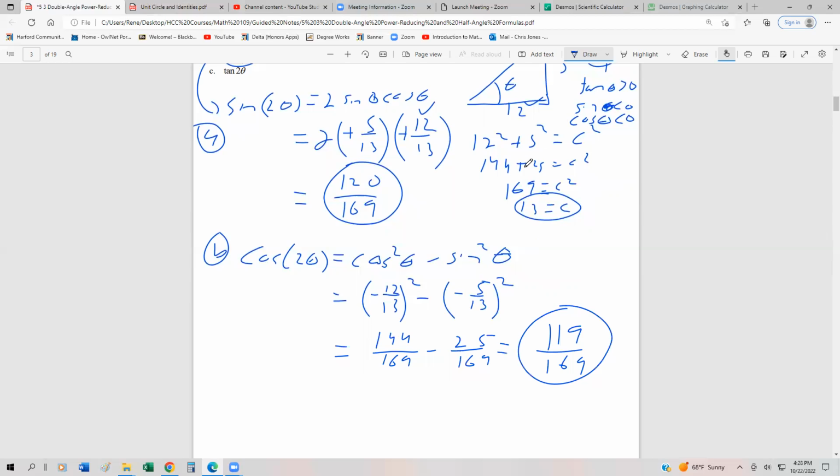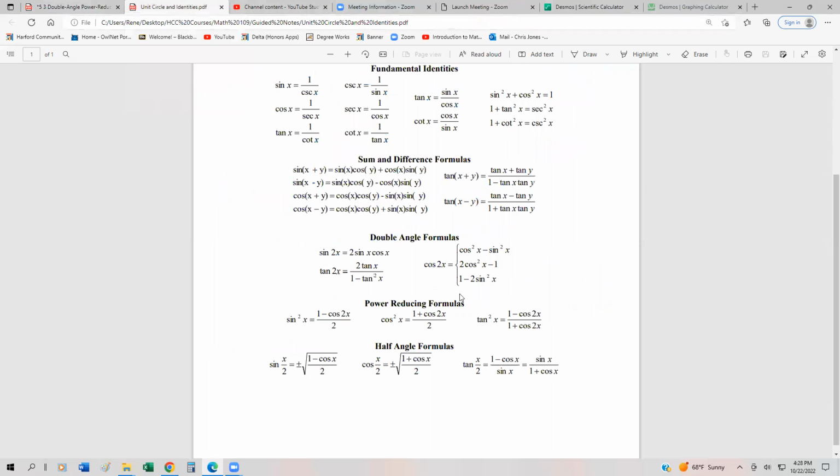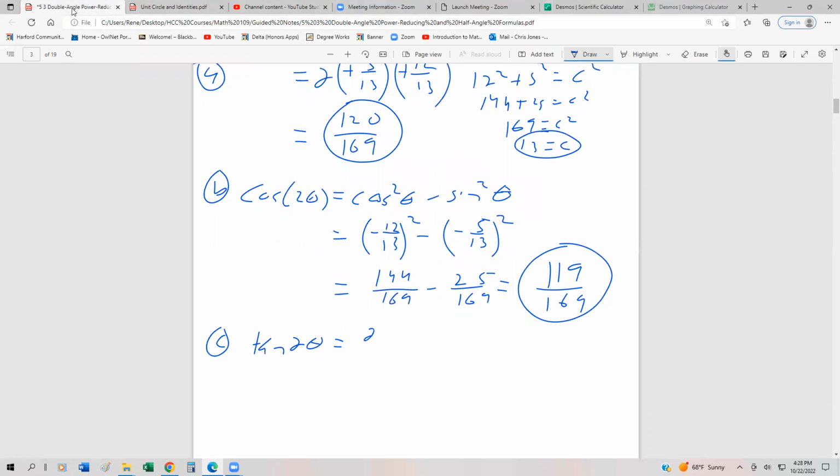Finally, if we want to find the tangent of 2 theta, which I think is the easiest one, we just go to our identities. Tangent of 2 theta is 2 tan theta divided by 1 minus tan squared theta.